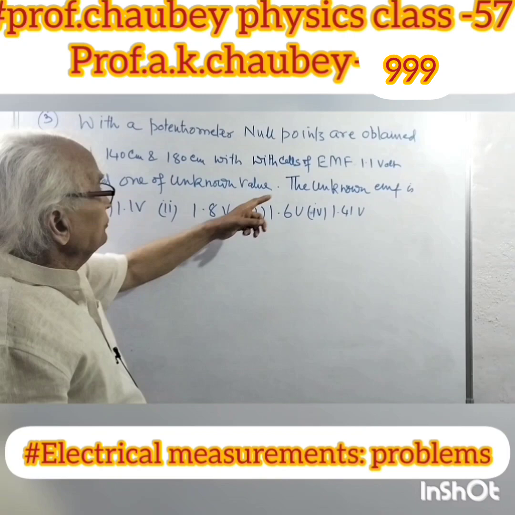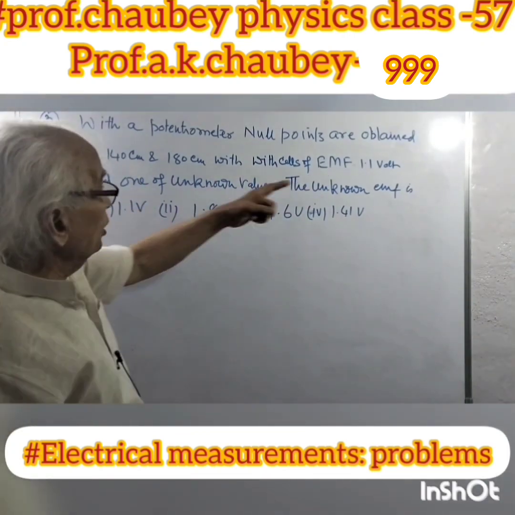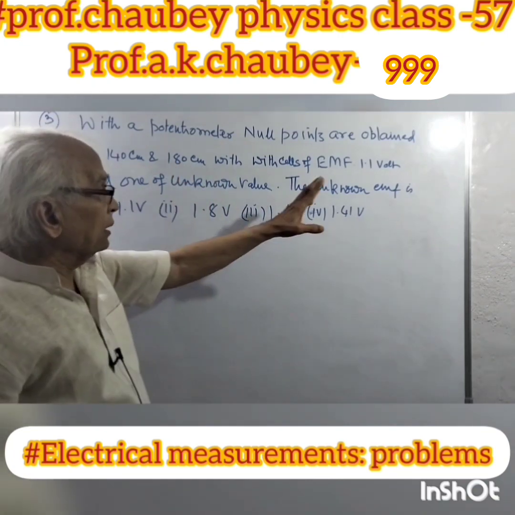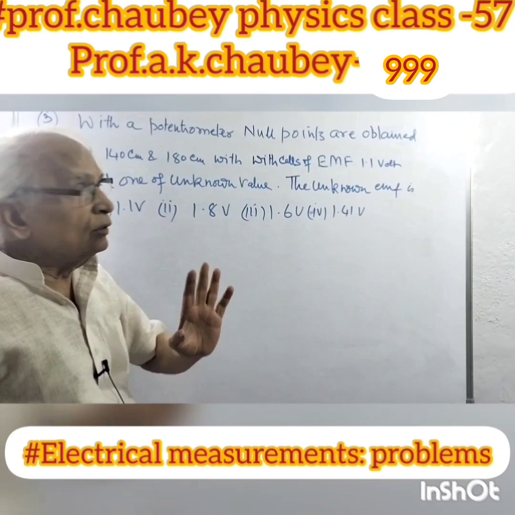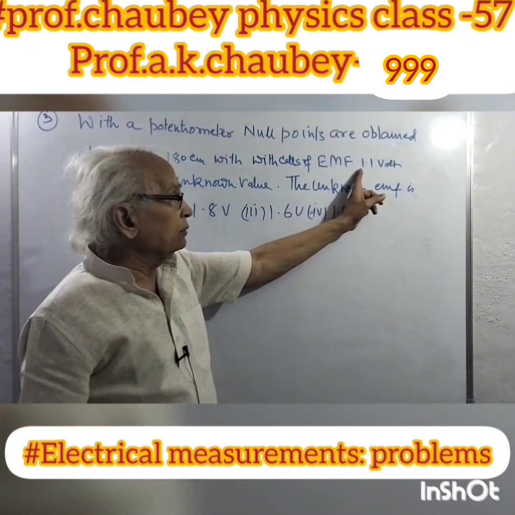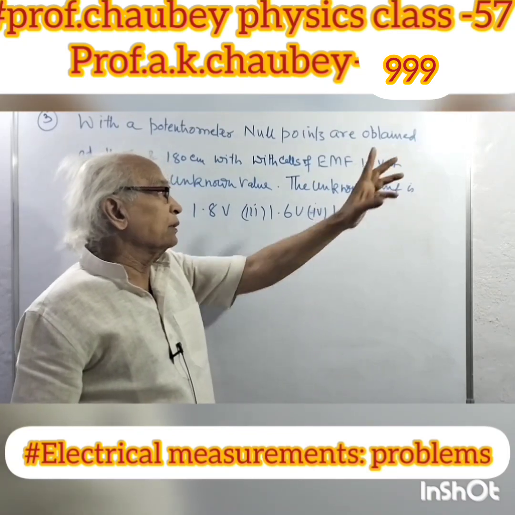So the length for 1.1 volt is 140, and 180 is for the other. Obviously the length is more, so the unknown voltage will be more than 1.1.